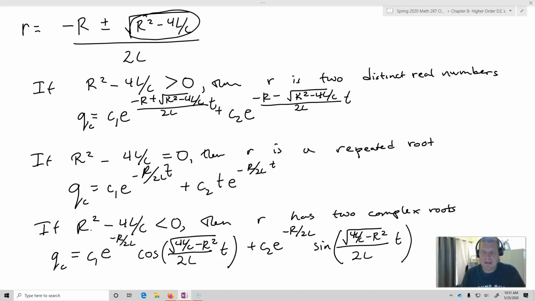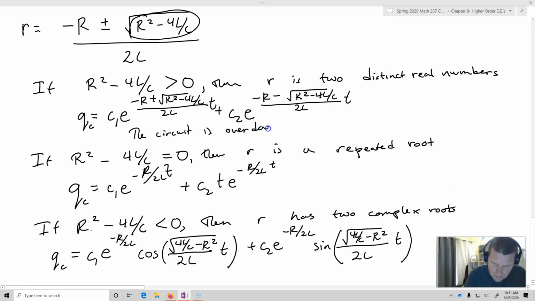All right? Now, each one of these has a different way of being described from the perspective of the circuit. So if r squared minus 4L over C is greater than 0, we say that the circuit is overdamped. That's what we call it.